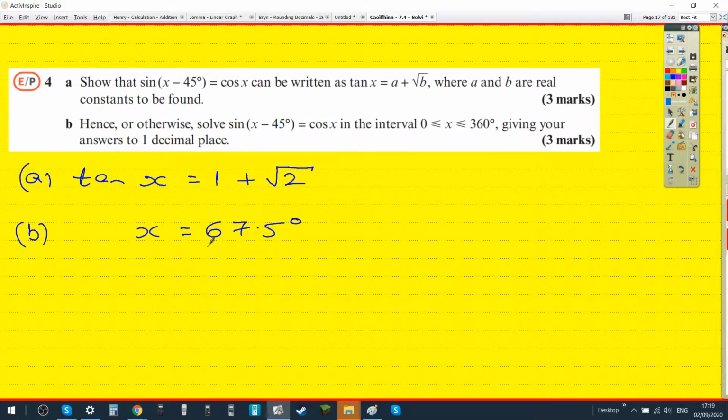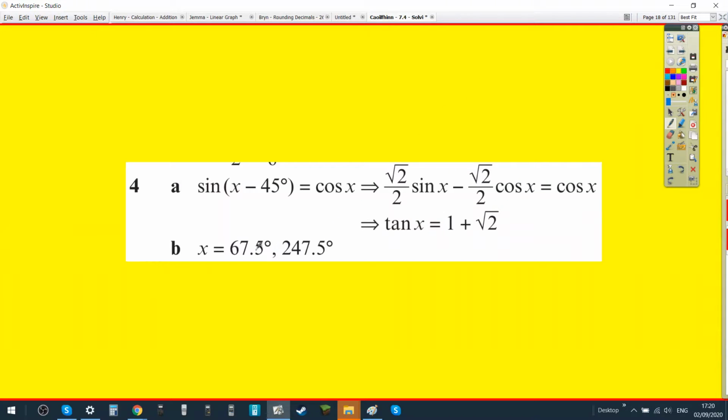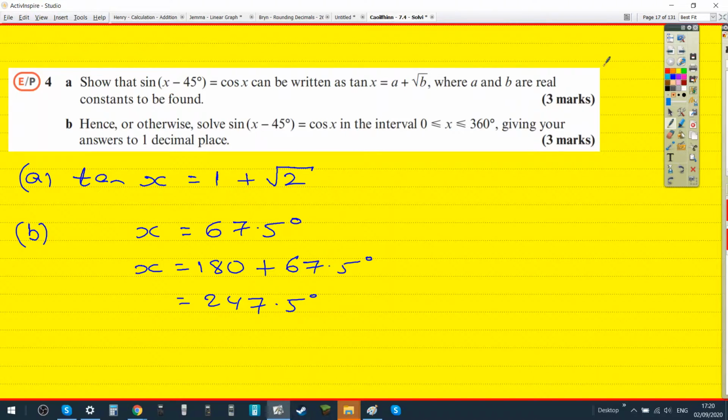And then tan, do we add 180 to that? Yep. So now we have 247.5. Any more solutions? I don't think so. Me neither. 67.5, 247.5. Well done. Any questions there?